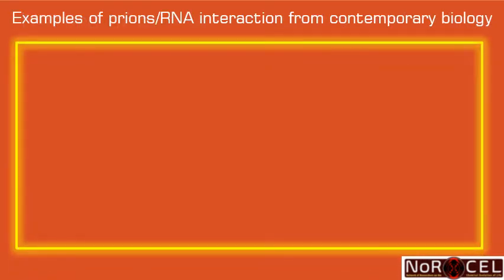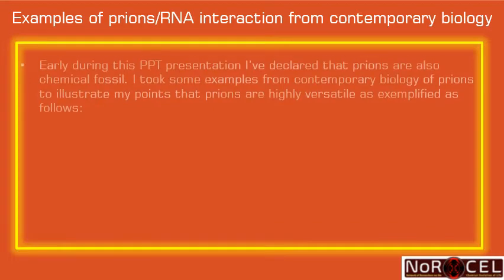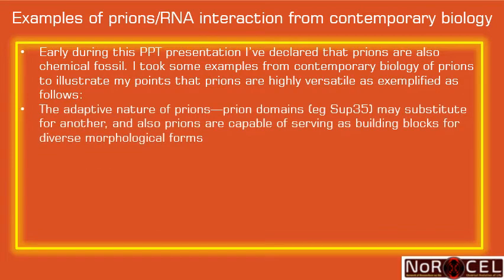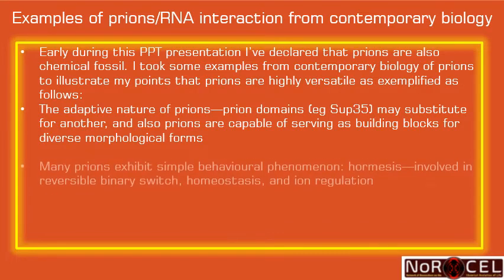Examples of prion-RNA interaction from contemporary biology. Early in this presentation, I declared that prions are also chemical fossils. I took some examples from contemporary biology to illustrate my point that prions are highly versatile. The adaptive nature of prions is exemplified by domains of, for example, SUP35, which may substitute for one another, and prions are also capable of serving as building blocks for diverse morphological forms.